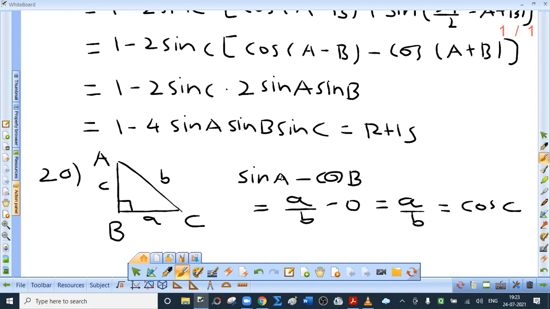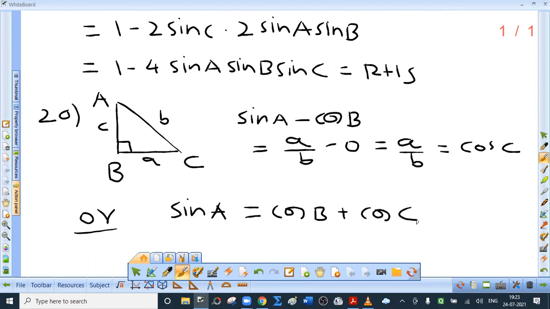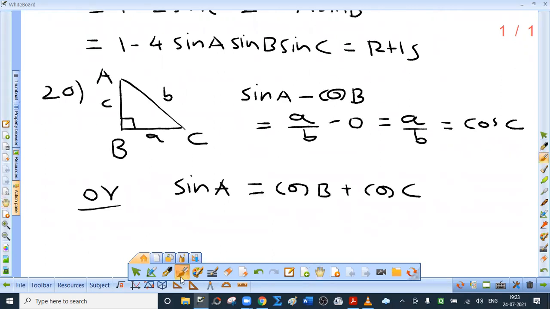How? You try that. I'll tell you the first 2 3 steps. So sin A is basically cos B plus cos C. Okay. Now angle A is what? Pi minus B plus C. Why?